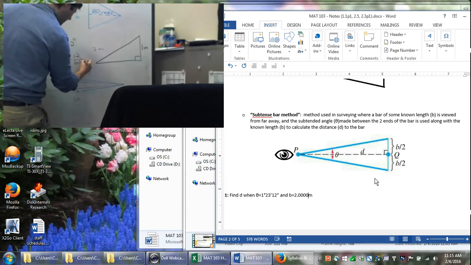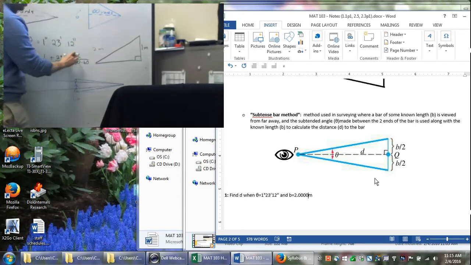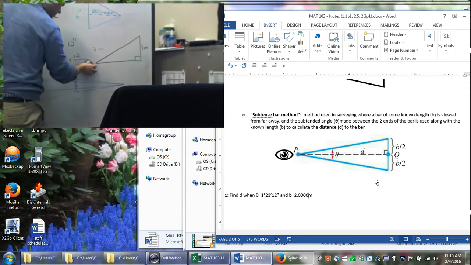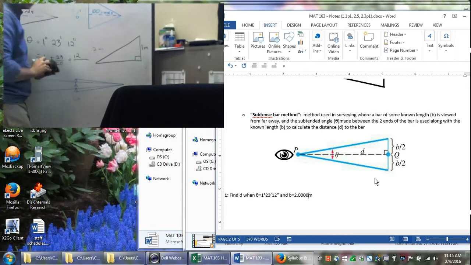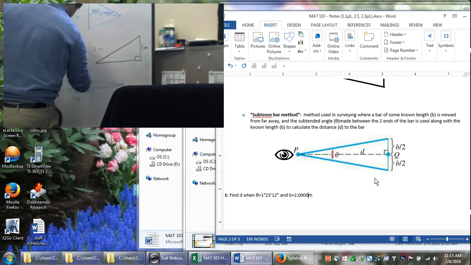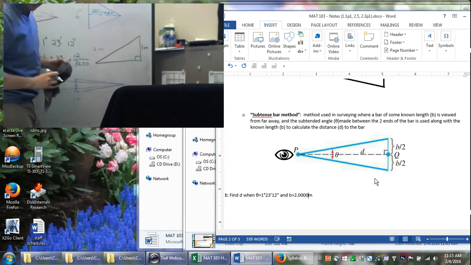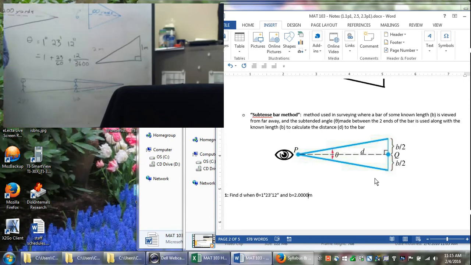Before we do that, let's go ahead and convert this to a decimal. So the way we do it, we keep our degree here. This is going to be 1 degree. And for the minutes, in order to convert that to degrees, we need to divide by 60. So that's going to be 23 over 60. I guess I'll leave off this degree symbol.